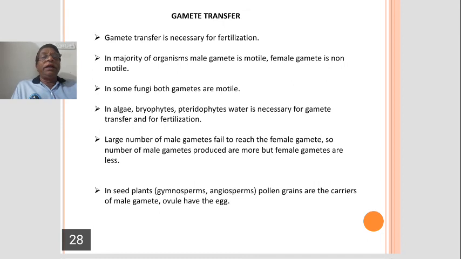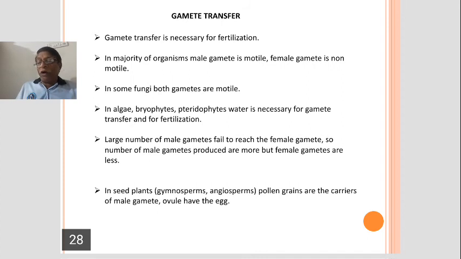Next subheading is gamete transfer. We know that during sexual reproduction, the male and female gametes are formed. The male gamete we call the sperm. The female gamete we call the egg or the ovum.